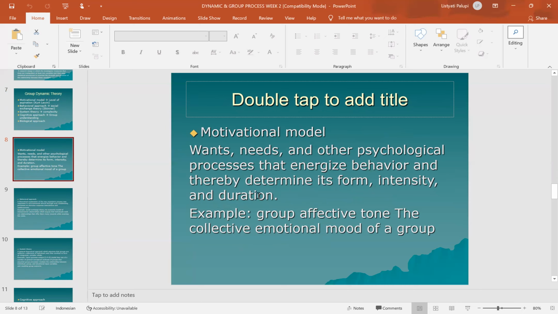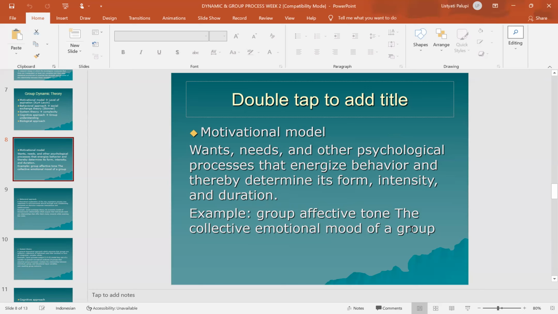So the motivational model argues that the form, intensity, and duration of behavior, especially in group processes, is influenced by wants, needs, and other psychological processes that happen in the individual, in the person. An example is group affective tone, the theory that discusses group affective tone, or the collective emotional mood of a group.